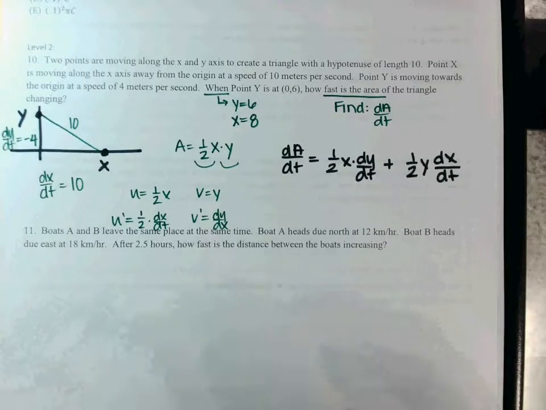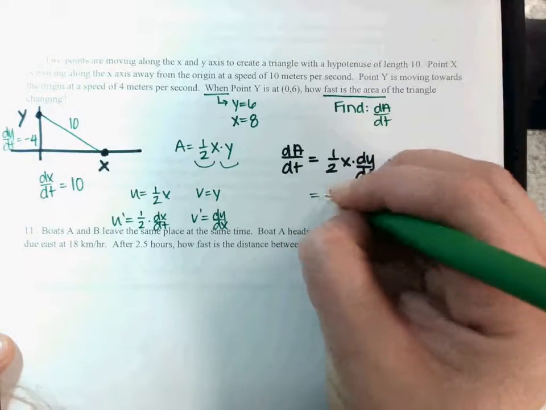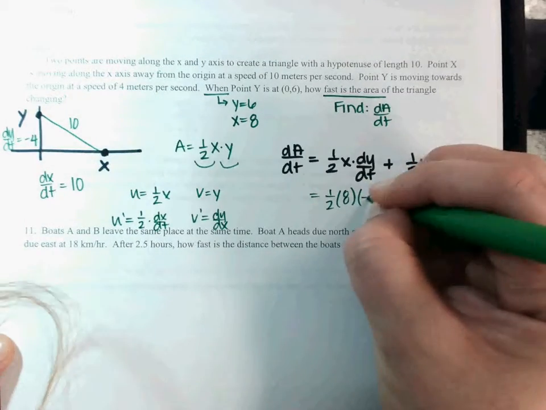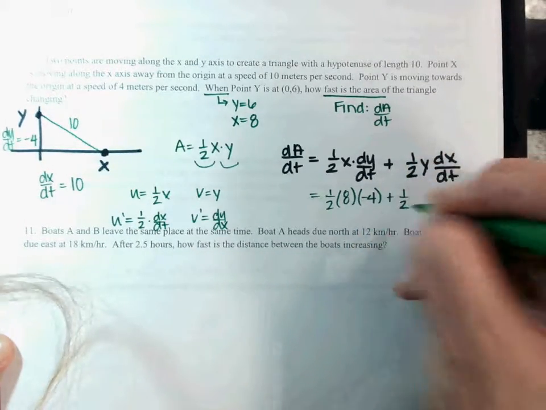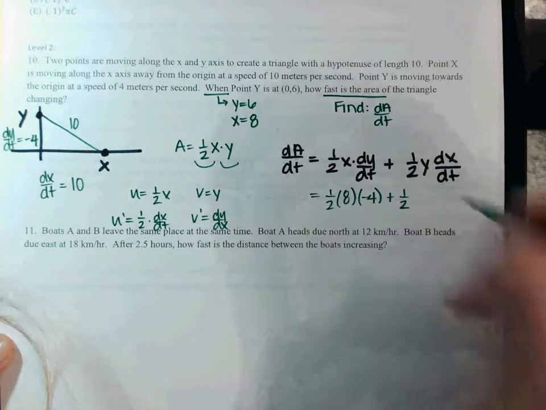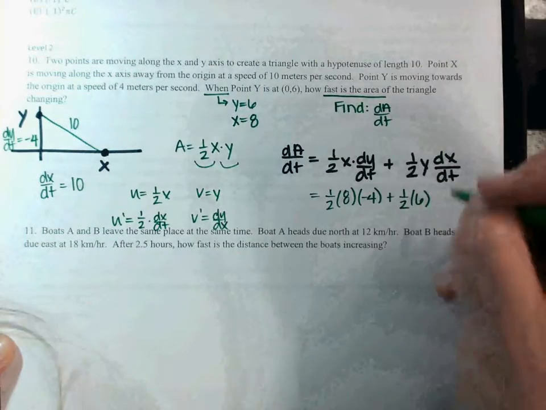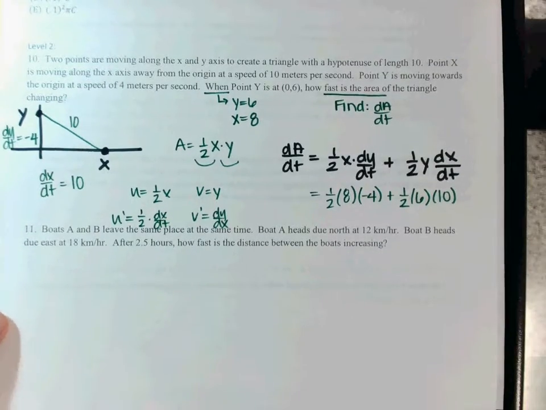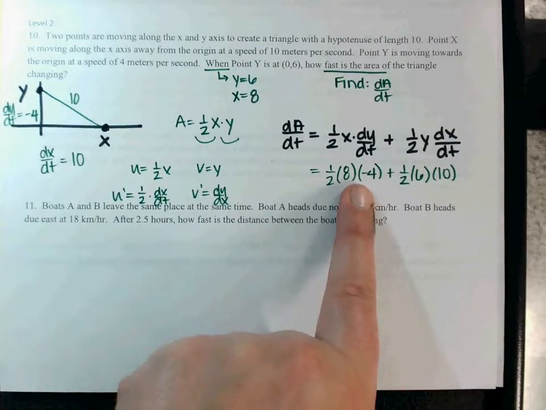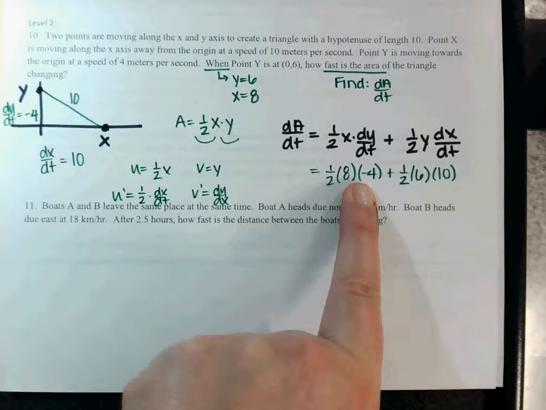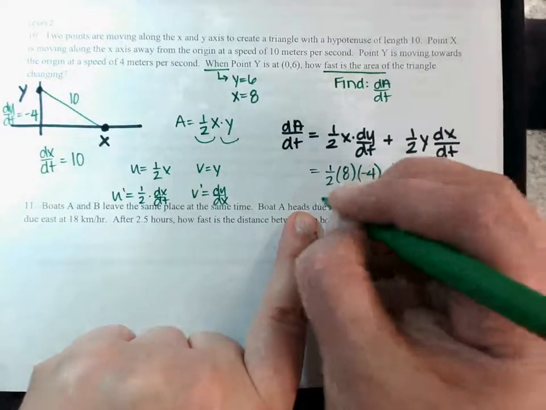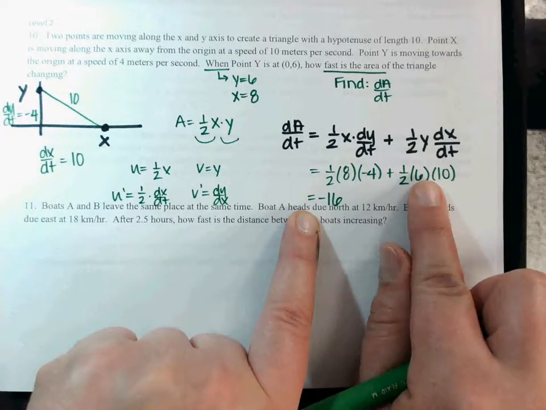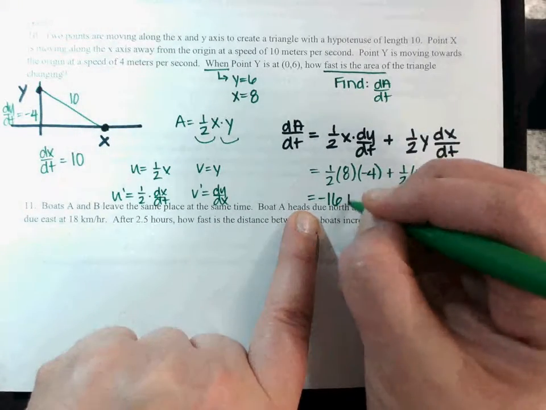So it'd be 1/2, my x is an 8, my dy dt is a -4, 1/2, my y is 6, my dx dt is 10. Then what's 8 times -4 here? -32 cut in half is -16. 6 times 10 is 60, cut in half is 30.